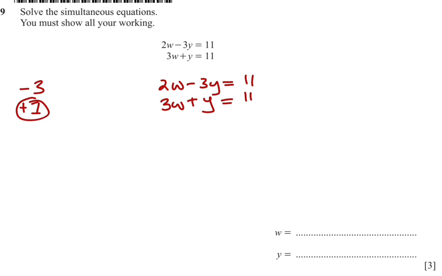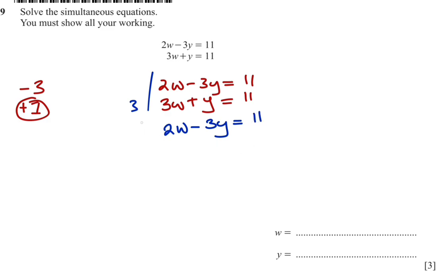For me to make this coefficient 3, I'm simply going to multiply the bottom equation by 3. The top one is just going to remain like that. If I multiply the bottom one by 3, I'm going to have 2w minus 3y equals 11.